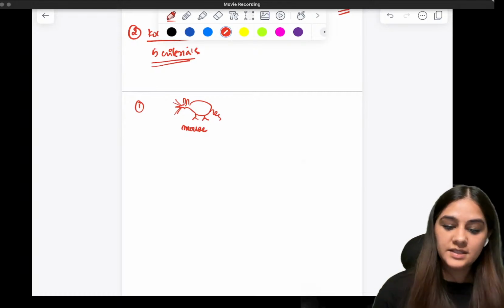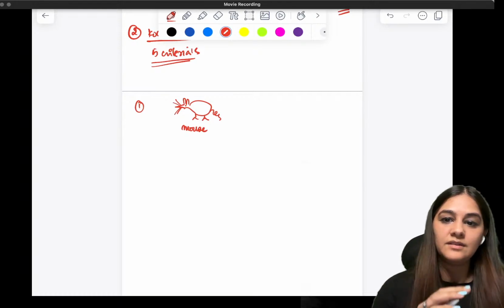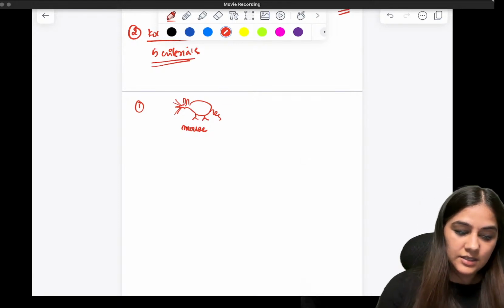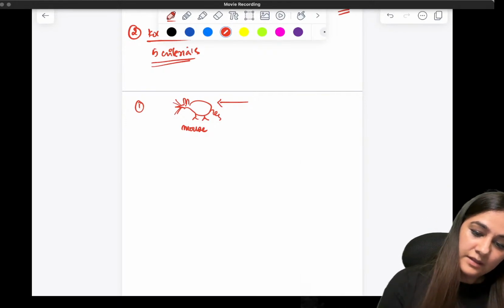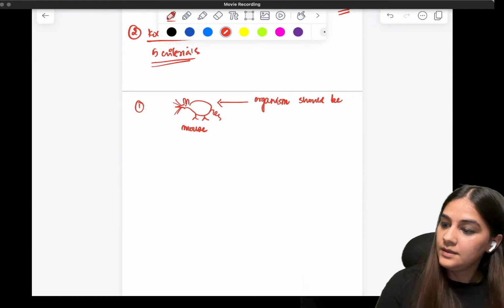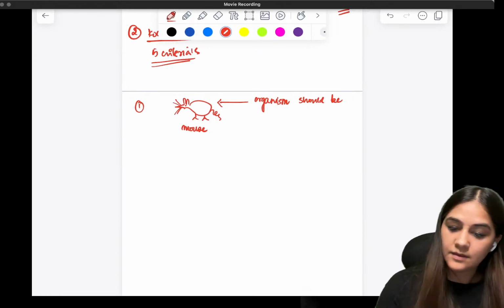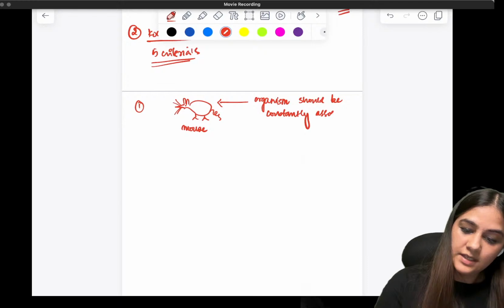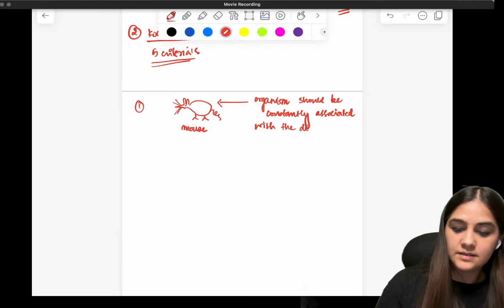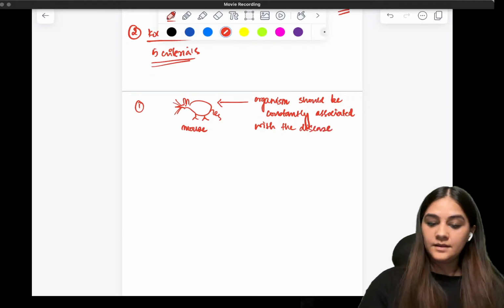Okay. So the first thing that it said was that whenever an animal is injected with some disease or is infected with a disease, the organism should be constantly associated with the disease, right?